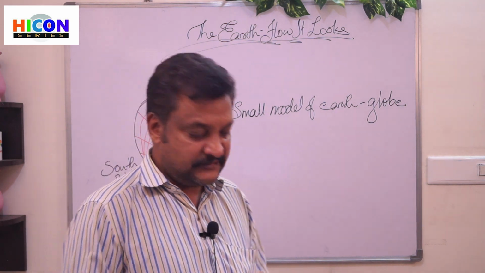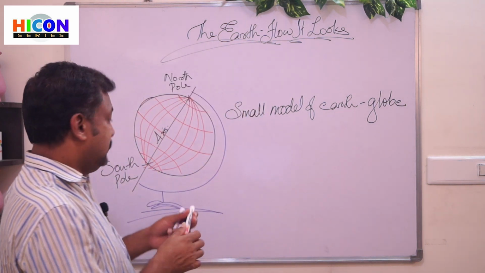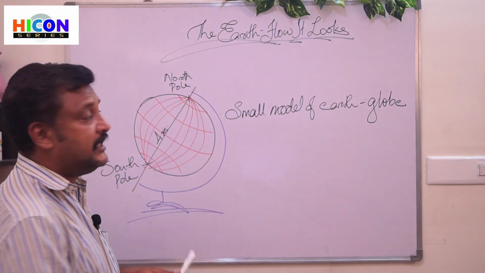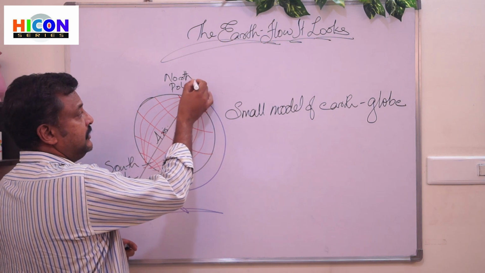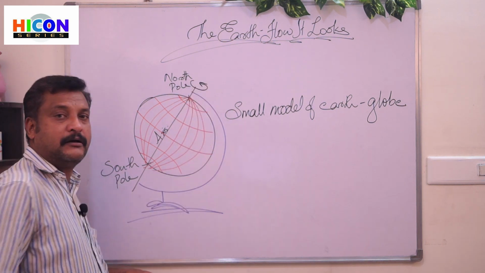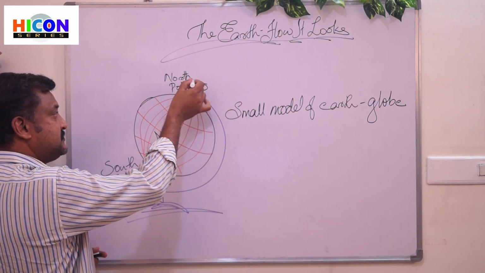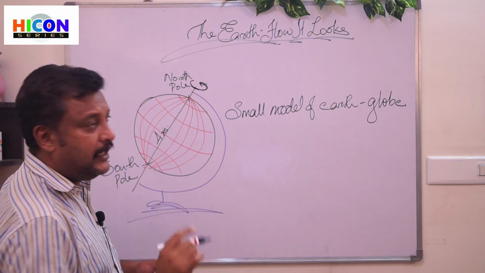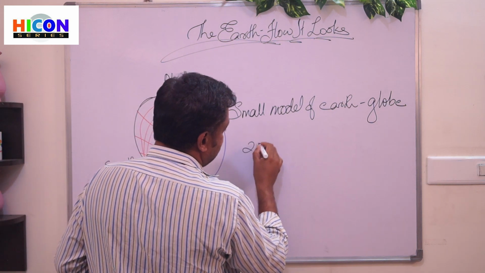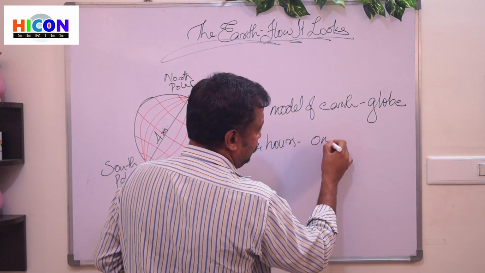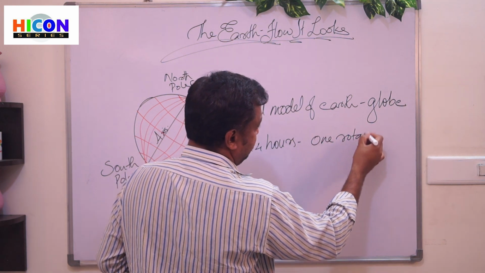So we know the earth rotates in which direction? In which direction does the earth rotate? From west to east, isn't it? From west to east, the earth rotates on its axis, and it takes how much time? 24 hours to complete one rotation.